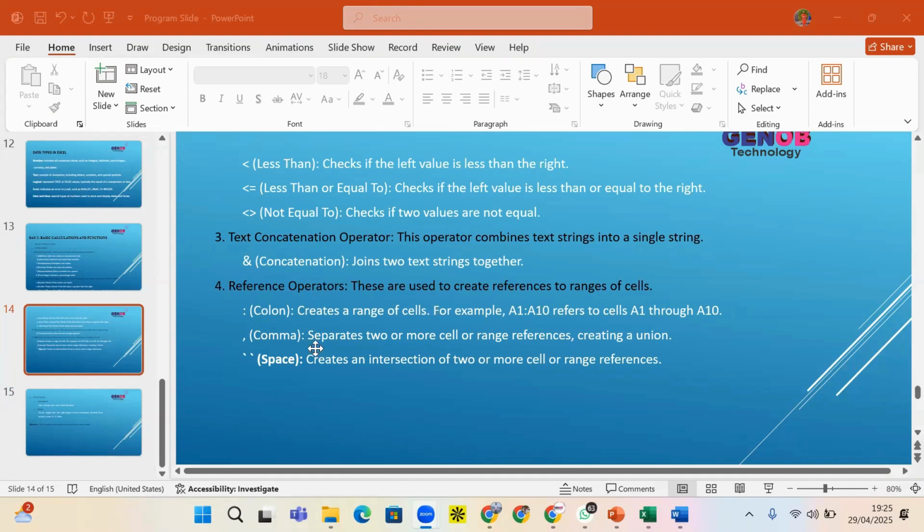Another group of operators we have, which is not common, is reference operators. These are used to create references to ranges of cells. They include colon to create a range of cells, for example, A1 to A10. Remember that day we explored ranges.